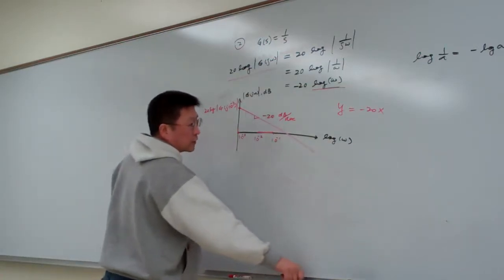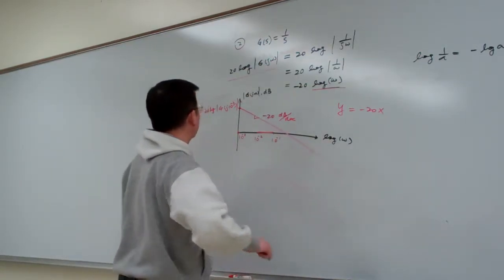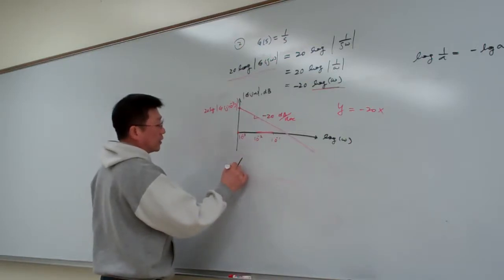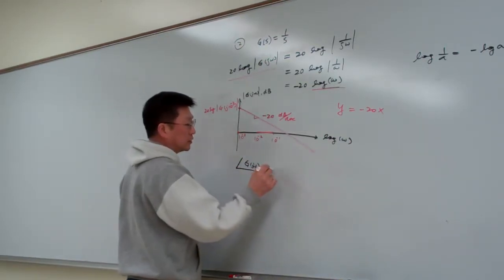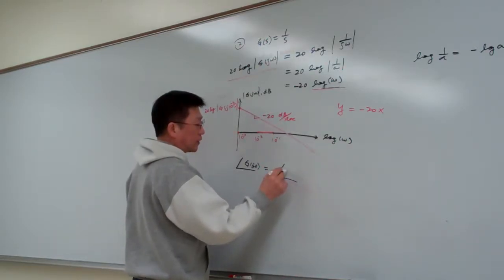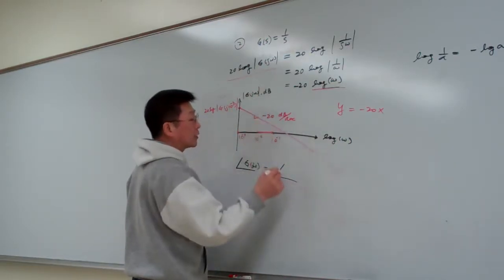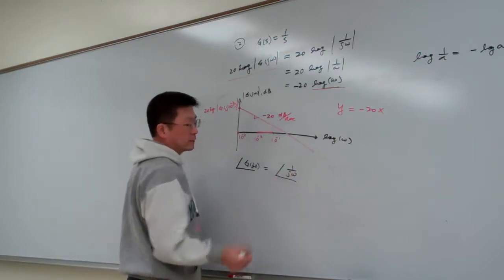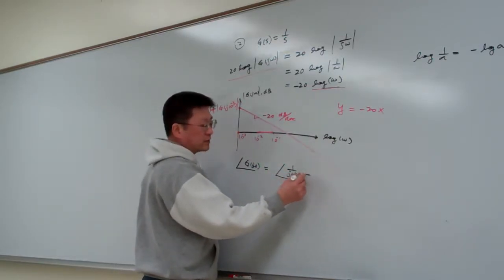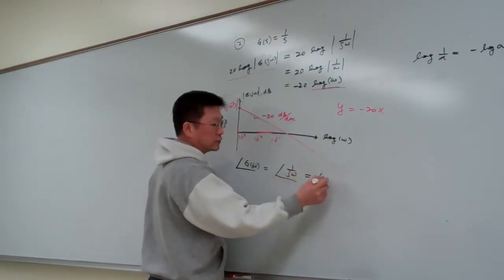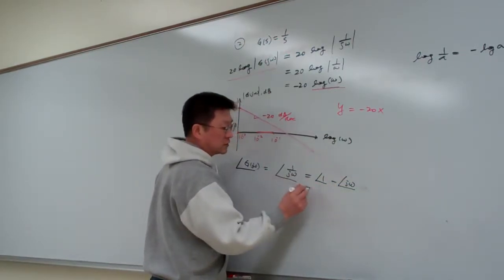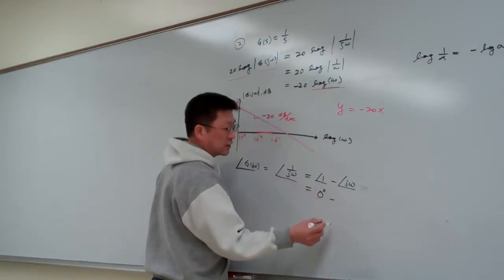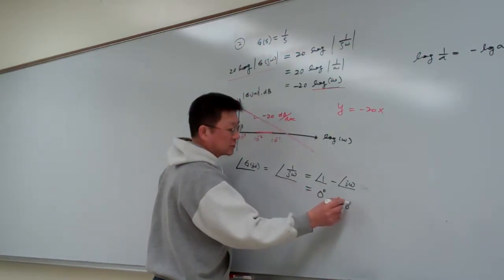Okay, now we look at the phase. So for the phase, that is the phase of G(j omega), that is 1 over j omega, right? So the phase of this one is the phase of the numerator minus the phase of the denominator. And so for this case, you can see that is 0 degrees minus 90 degrees, right?